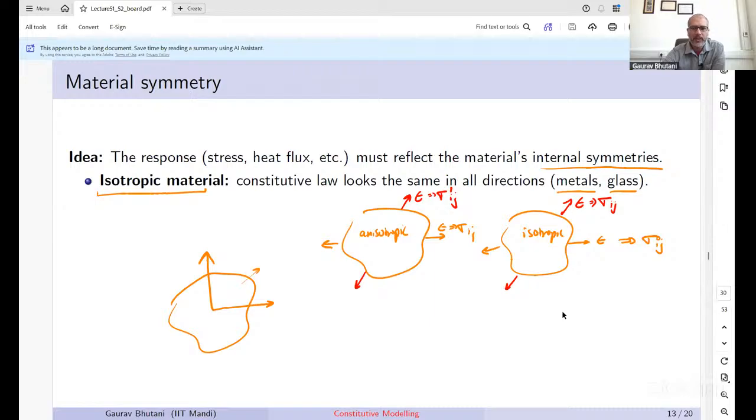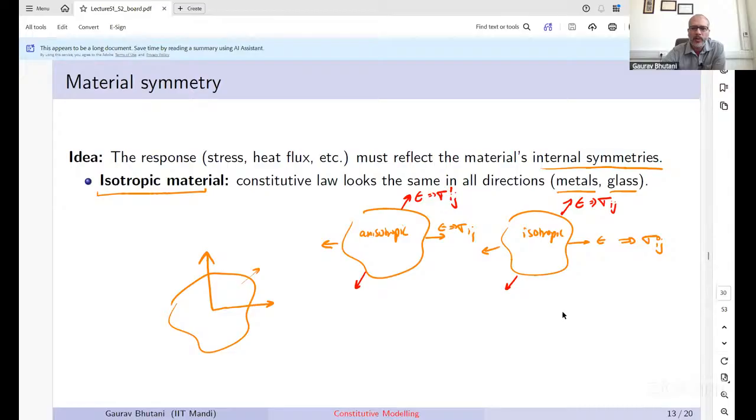If the material is isotropic, for example, then the constitutive model should not depend on the direction of the application of stress or the application of strain, which results in a stress.